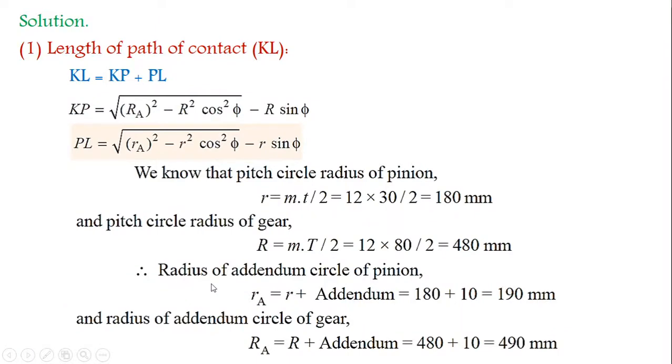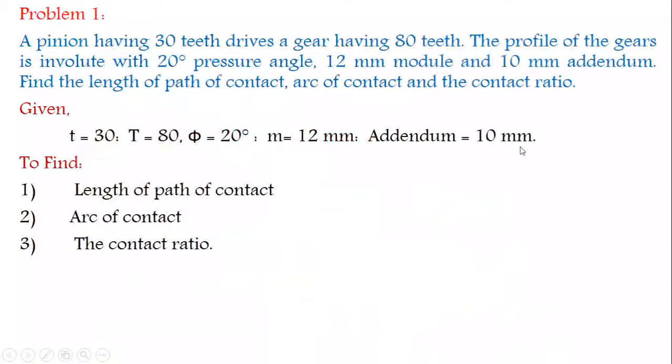Now, capital RA is the radius of the addendum circle. Here, RA equals r plus addendum. Small r is 180 millimeter and the addendum is already given in this problem: 10 millimeter.